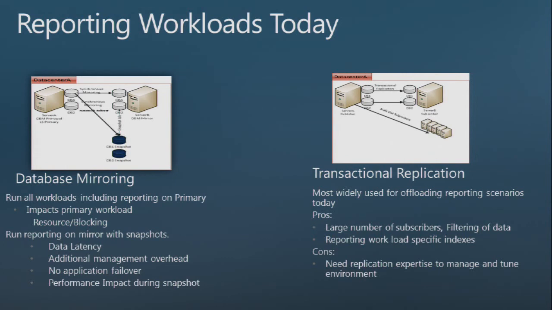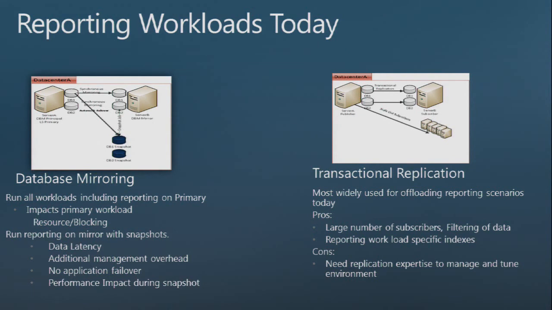So you can get much better performance of your reporting workload. But the challenge with replication is that it is hard to set up. And then if you have a high transactional throughput, replication does not scale as well. So as you can see, in today's environment, 2008 R2, customers are using the current technologies to run their reporting workload, but there are challenges.